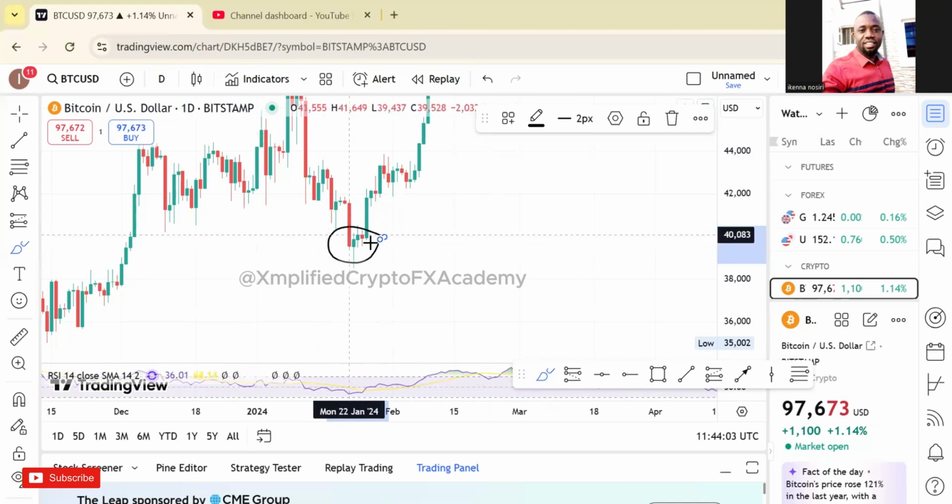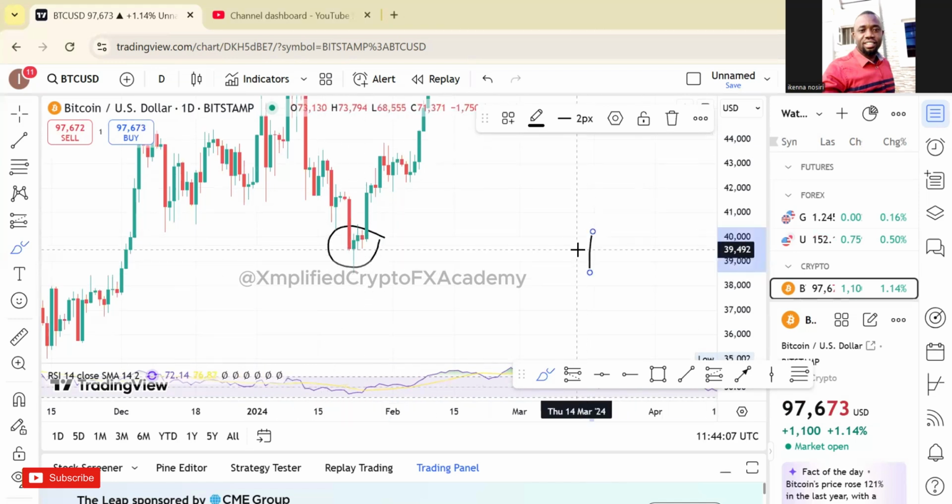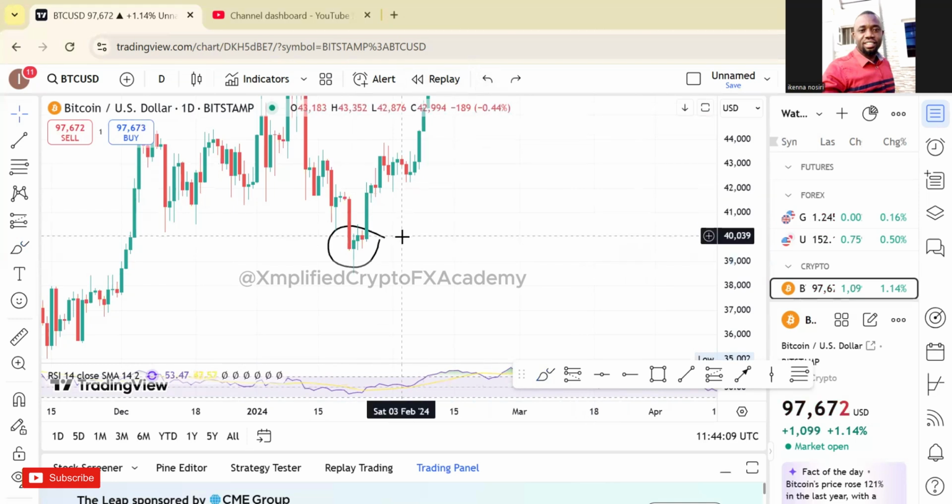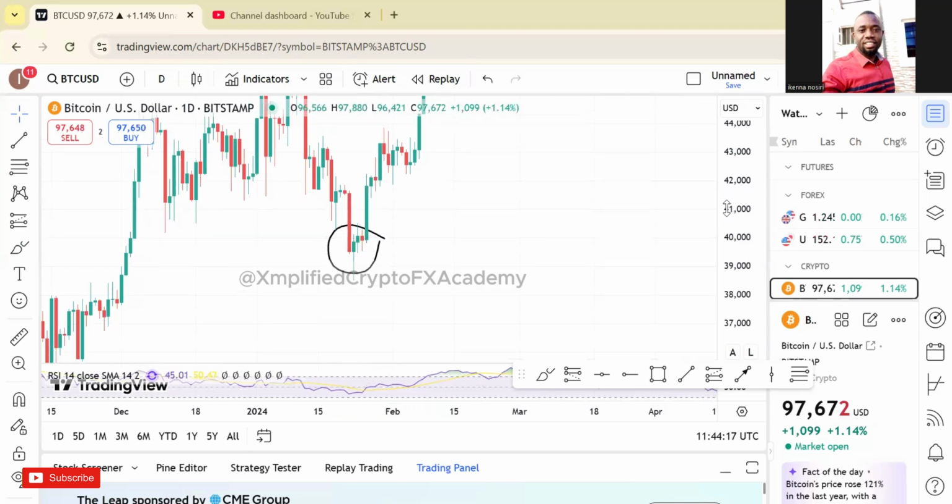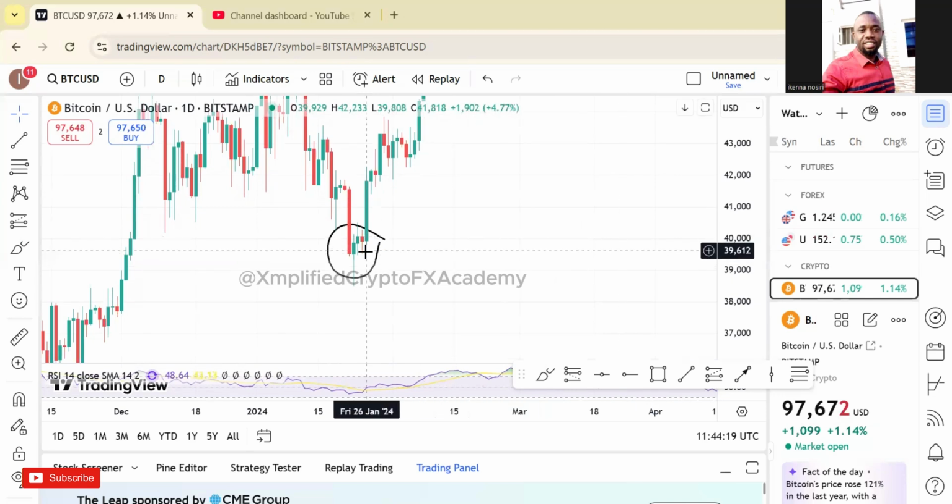After this three-day consolidation period, there was a bullish engulfing candle. This candle engulfed the previous candle, and remember the previous candle closed at 39,000, and this one closed at 39,000, and this other one closed at 41,000.